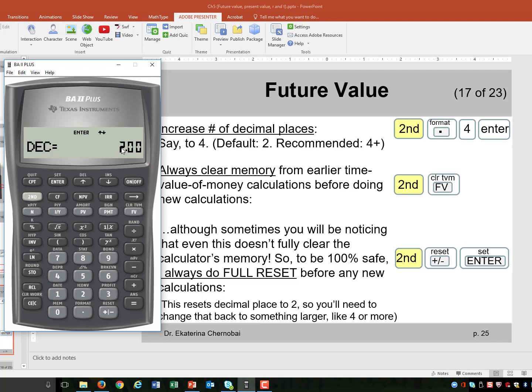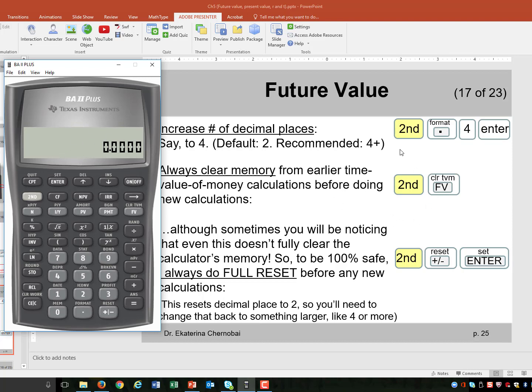You want to change it, you want to override this number, let's say, to 4. Just press 4. Now it has overwritten the default decimals of 2. And press enter. Done. Now you can turn the calculator off, back on, and it's now going to be rounding everything to 4 decimal places.